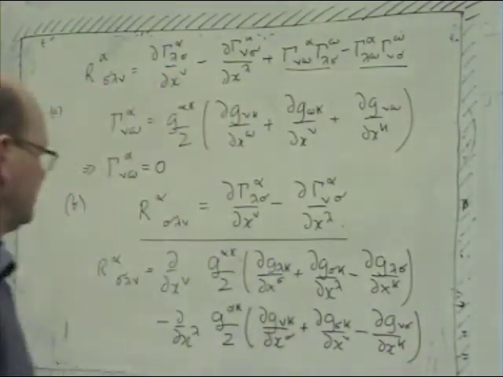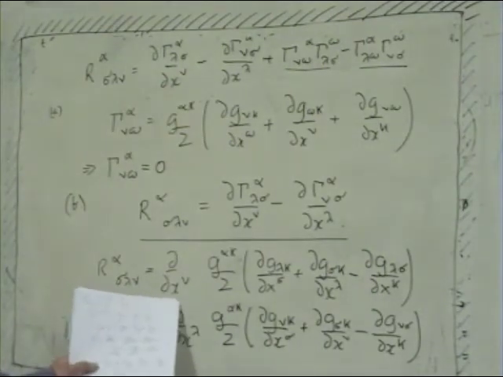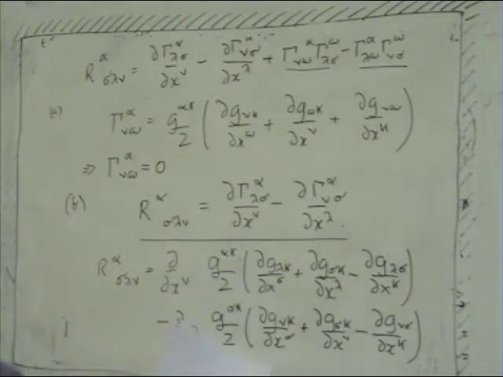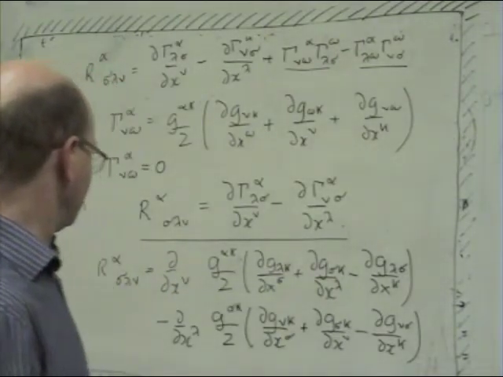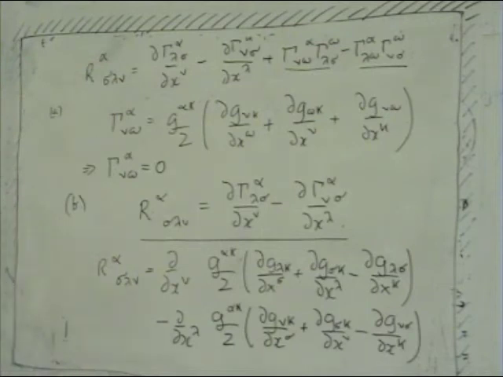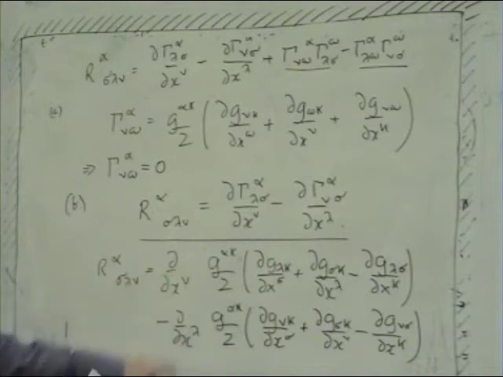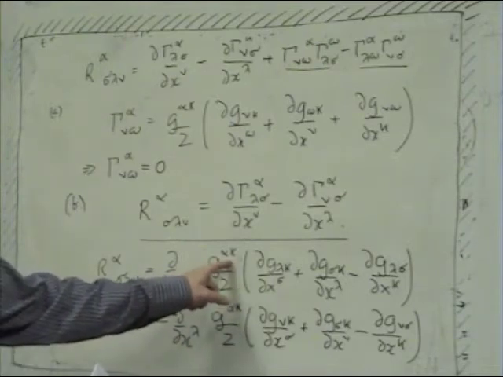Okay, so there are 2 terms, each of which has quite a complicated partial derivative in. Now it looks like it's going to be horrible because each of these is going to be subject to the product rule, but fortunately half the terms go away, because if you ever have to differentiate the g out front, you've got a first derivative of the metric tensor. In inertial frame that goes to 0. So this guy never gets differentiated.